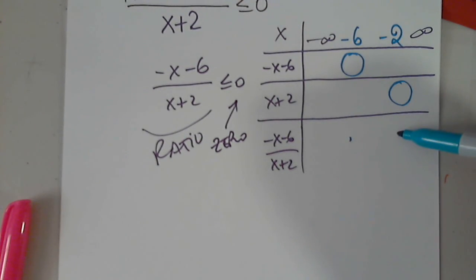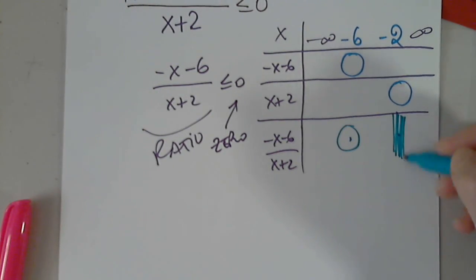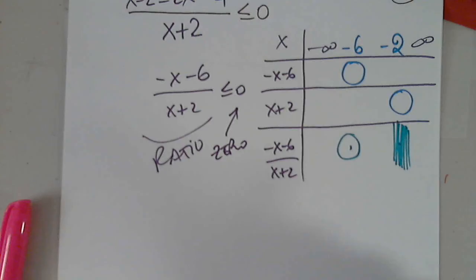Okay, what do I write under -2? Under -6 is 0, and under -2 is undefined. Thank you very much. Careful.